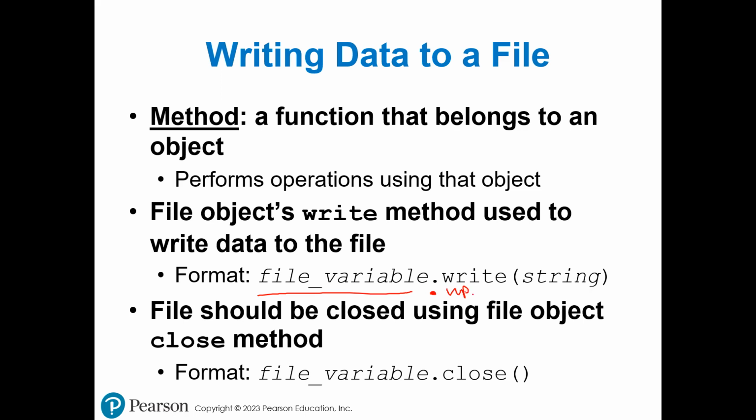So a keyword write, and then inside of parentheses, you will put whatever you want to be written to that object, inside of quotation marks. Now, this is the way to close that file. Again, you will put the name that you have assigned to your file object. Then you would put period dot close with parentheses. Nothing else, just one statement. This will close your file.